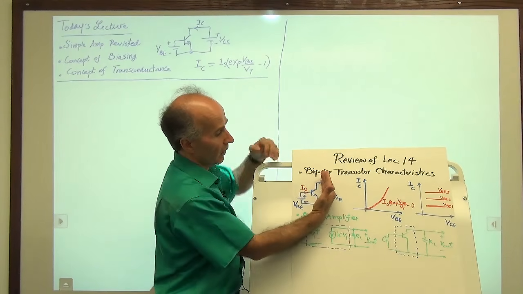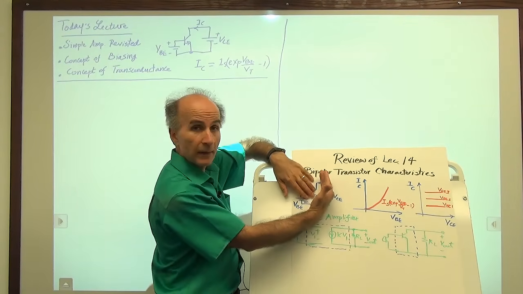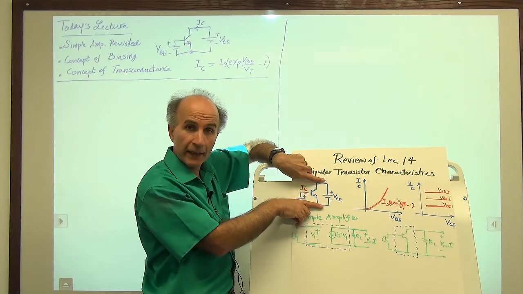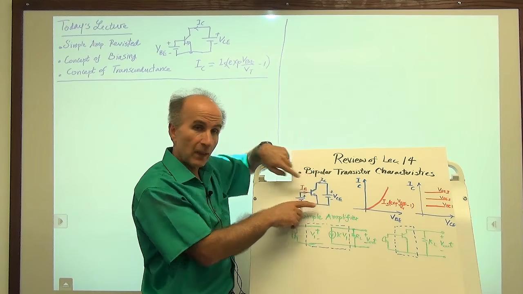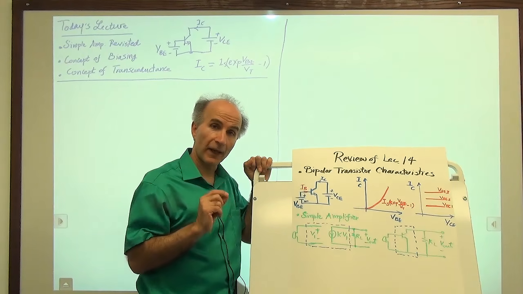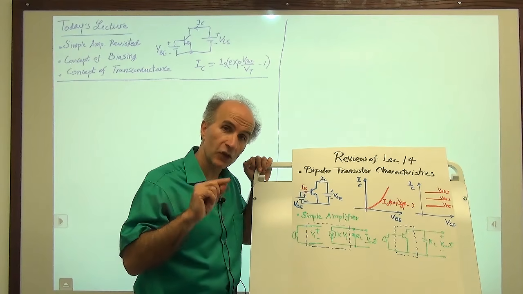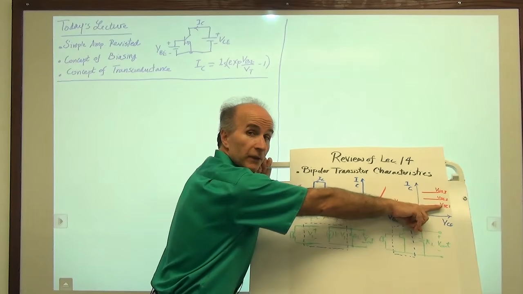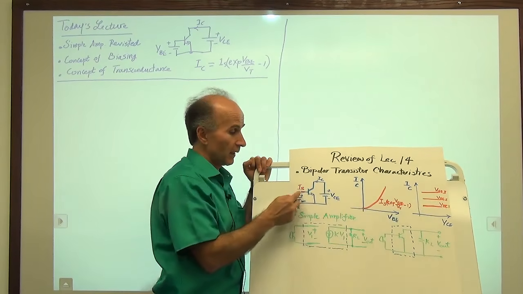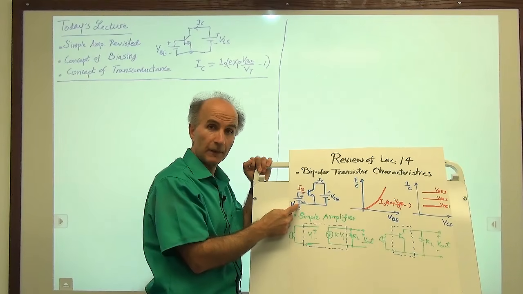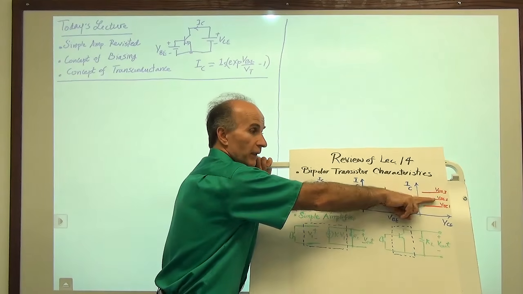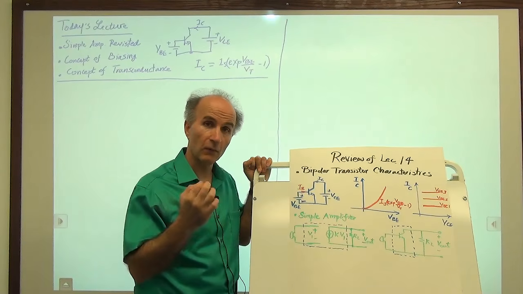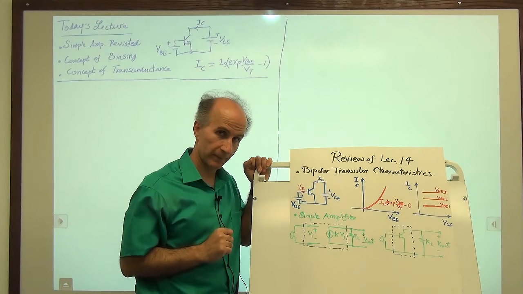So if I place all of this into a box and I have only two wires coming out, I can call that box a current source. Also, it says that this is a voltage-dependent current source because I can have this much current if I pick this internal voltage to be VBE, or I can have this much current if I increase the internal voltage. So it is a voltage-dependent current source.